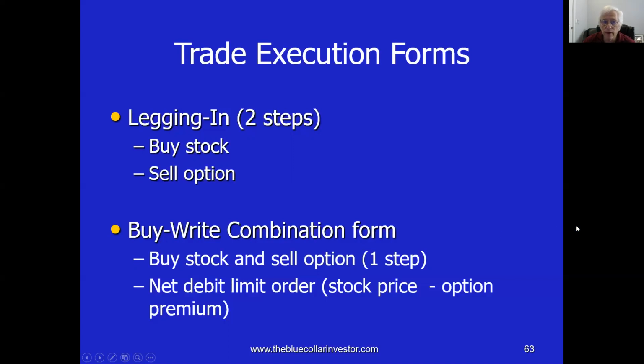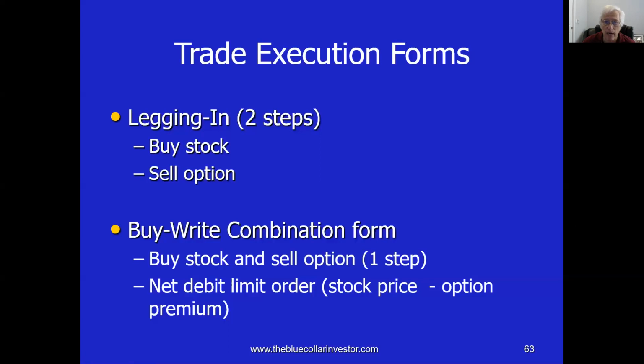The other way of entering a covered call trade, and some brokers have what's known as buy-write combination forms, is where you're buying the stock and selling the option in one form, which results in an instruction to our broker to buy at a net debit limit order. So when we buy a stock, the stock costs more than the option that we're going to sell. That results in a net debit situation.